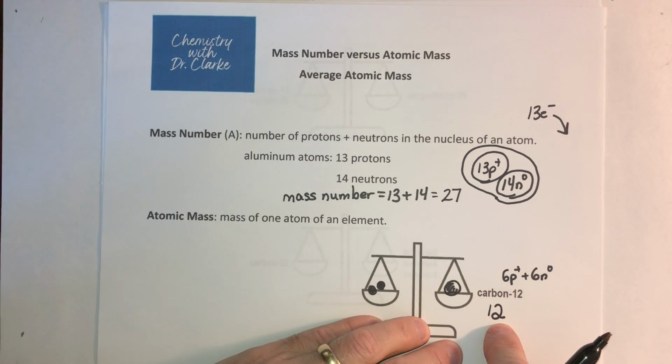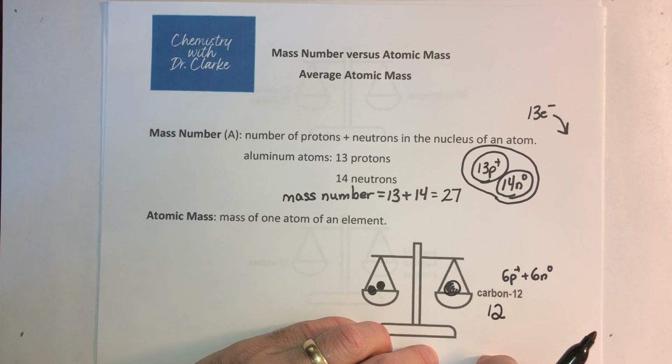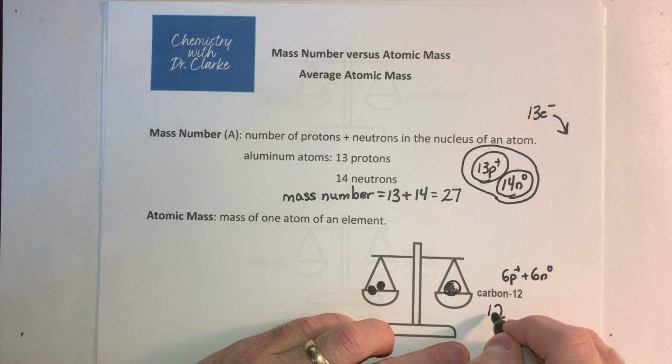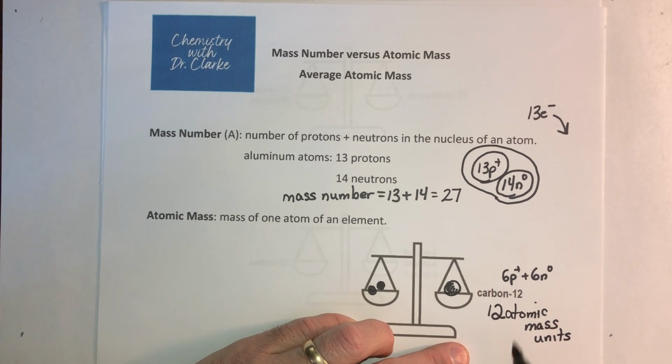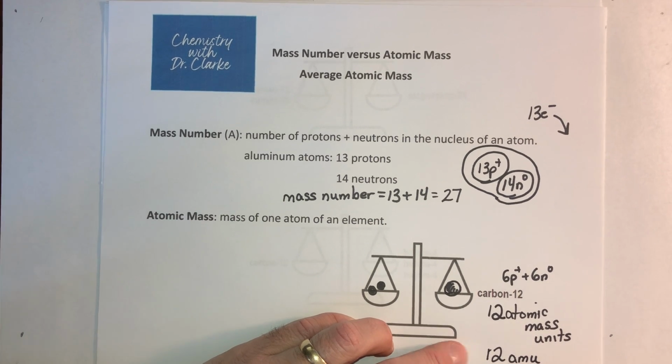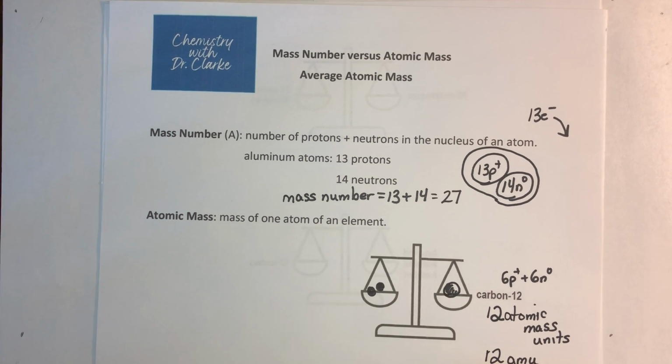So we decided that, hey, if we can assign a number, we can also make up our own units. So we call this 12 atomic mass units. Or for short, 12 AMU, atomic mass units. So we've decided that if you have a carbon-12, it weighs exactly 12 atomic mass units.